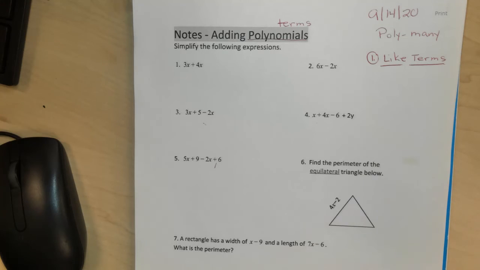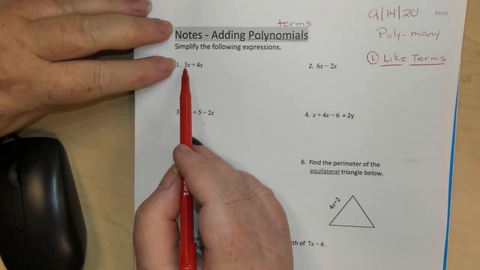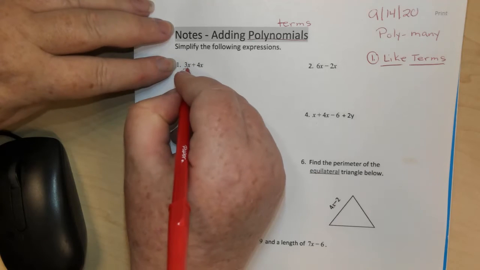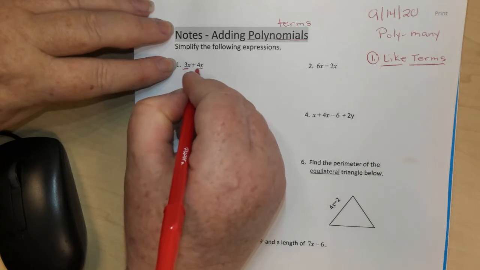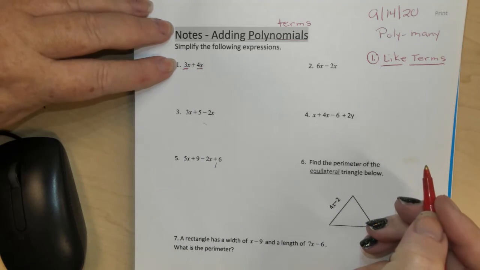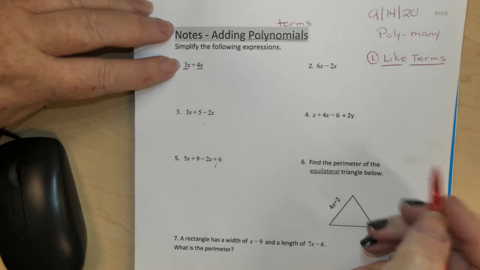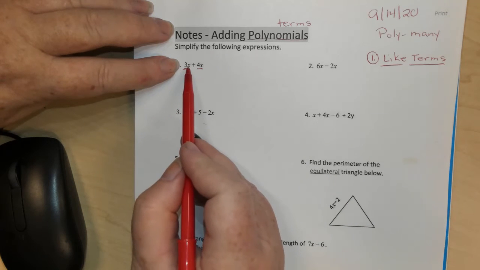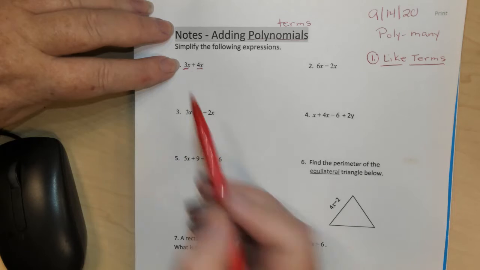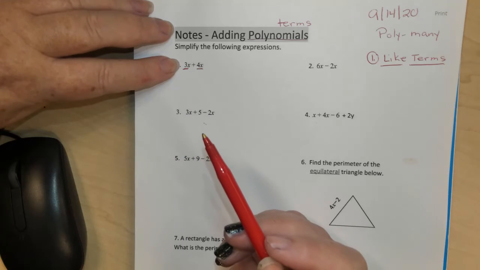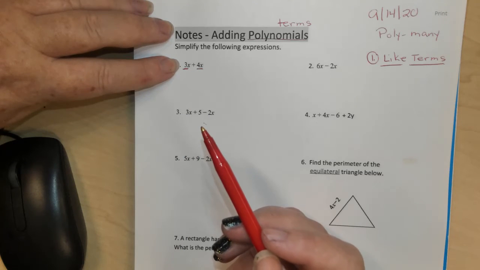We have to identify that. So, look at number 1 here. This is a term. This is a term. It has 2 terms. Now look at those 2 terms. 3x, 4x. They both have an x. Those are like terms.